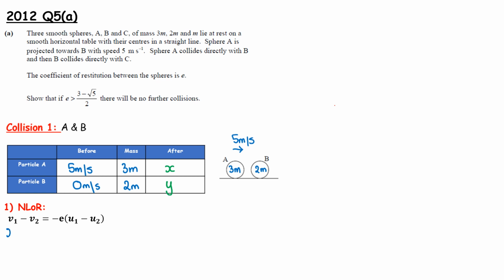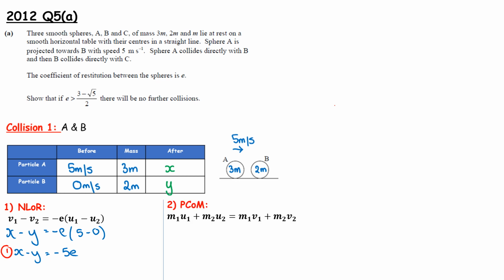So we have x minus y is equal to minus e times 5 minus 0. That gives us x minus y is equal to minus 5e, and that is equation 1. We then take a look at the principle of conservation of momentum, and that is 3m times 5 plus 2m times 0 is equal to 3m times x plus 2m times y.